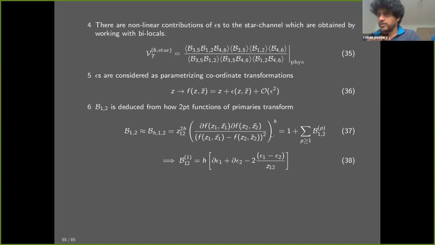If you look closely, what 37 is, it is basically the ratio of a 2-point function of scalars in 2D CFT in 2 different frames. So it is z12 to the power 2h divided by f1 minus f2 to the power 2h, and this guy in the numerator in 37 within the brackets is the Jacobian.